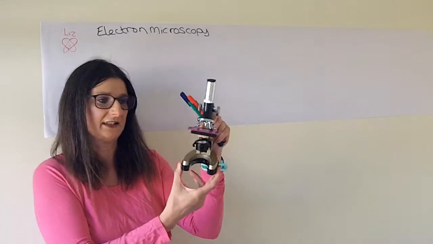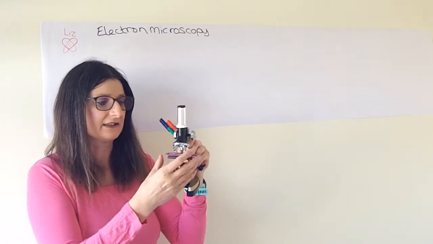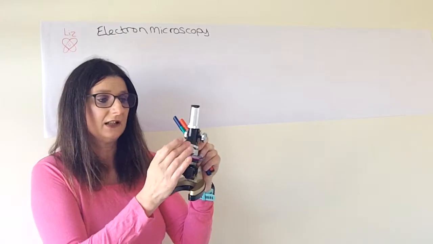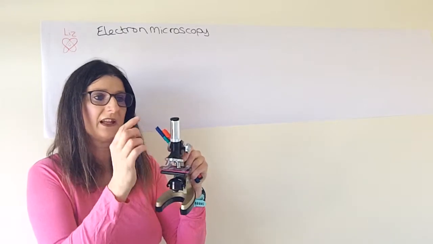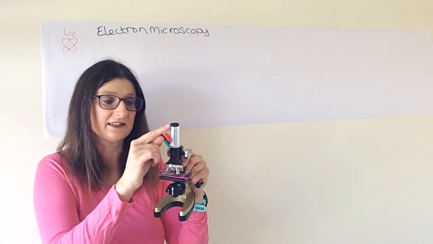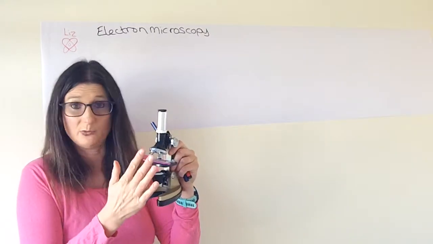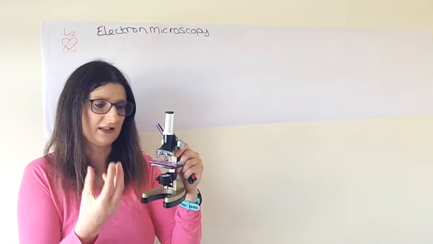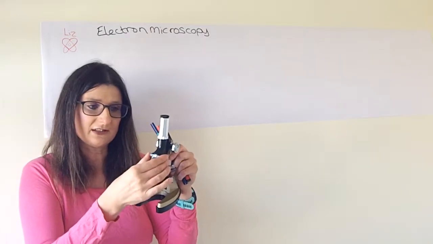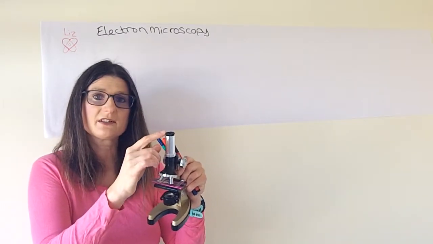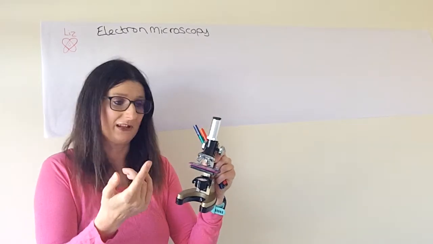So this is my light microscope. We've got a little light source here and the stage, and we've got our objective lens here, and the eyepiece lens or the condenser lens here, and the light goes through the sample, going through the bits that aren't so dense and getting blocked by the bits that are dense, gets collected by the objective lens and then focused onto the condenser lens so that you can see it with your eyes.